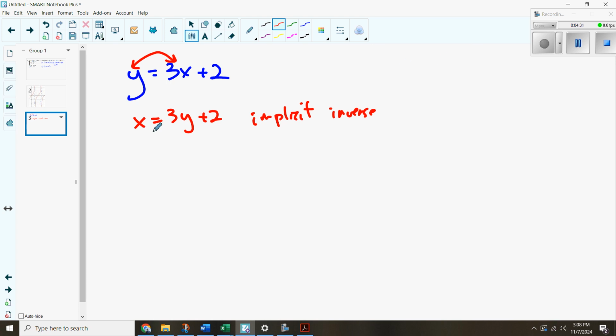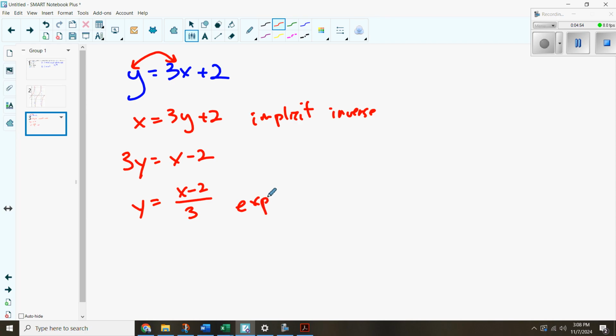Now, we usually like to solve for y. So I would change this to 3y equals x minus 2. And then I would divide both sides by 3, and I would get y equals x minus 2 divided by 3.